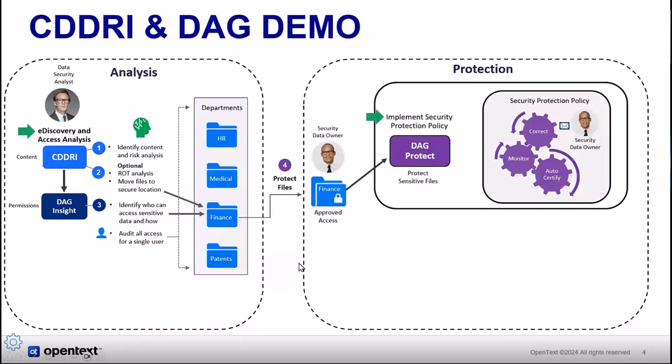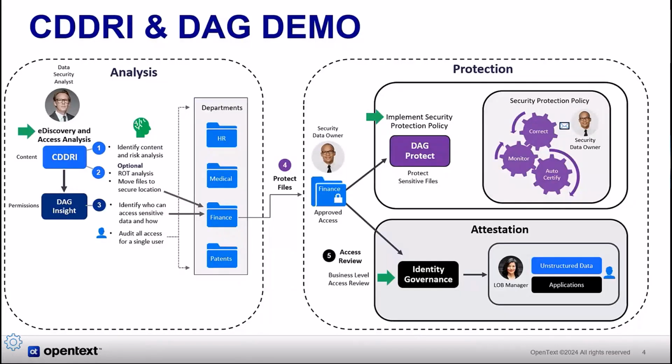I went in and we put a policy in place to protect that and actually correct and notify the data owner and essentially auto certify access to the finance folder and all subfolders. Now, next thing we're going to do is I'm going to turn it over to Richard, and he's going to go in and expand on this through so a line of business manager will be able to go in and do an attestation of finance data.